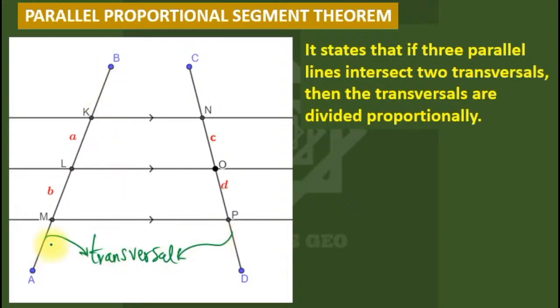BA and CD are the transversals. So if you have anything of this form, A over B will be equal to C over D. That's what the theorem is stating. But to show you that it's correct, let me do a quick proof.